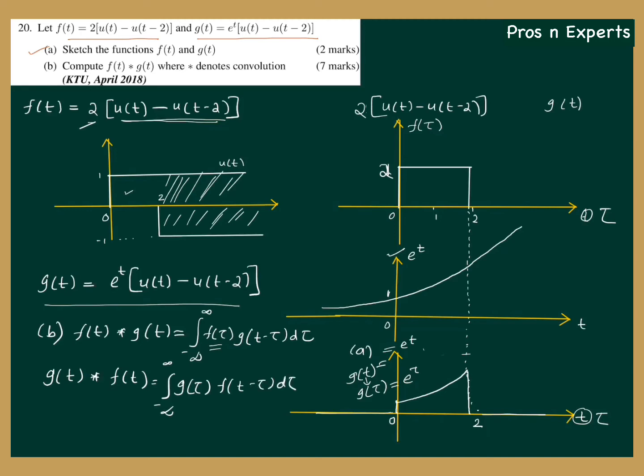Now f of t minus tau, the signal you have to fold and then shift, is this rectangular pulse. This is f of tau. It can be simply folded, then shifted. The steps will be much simpler to understand. That's why I'm doing it like this.